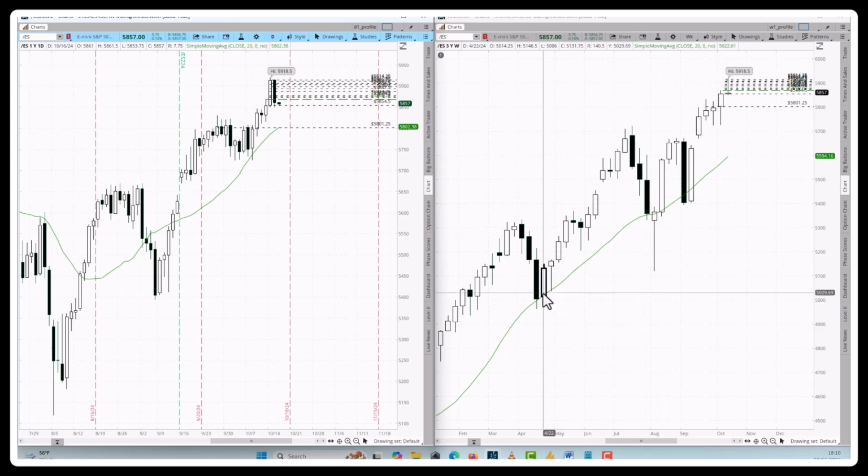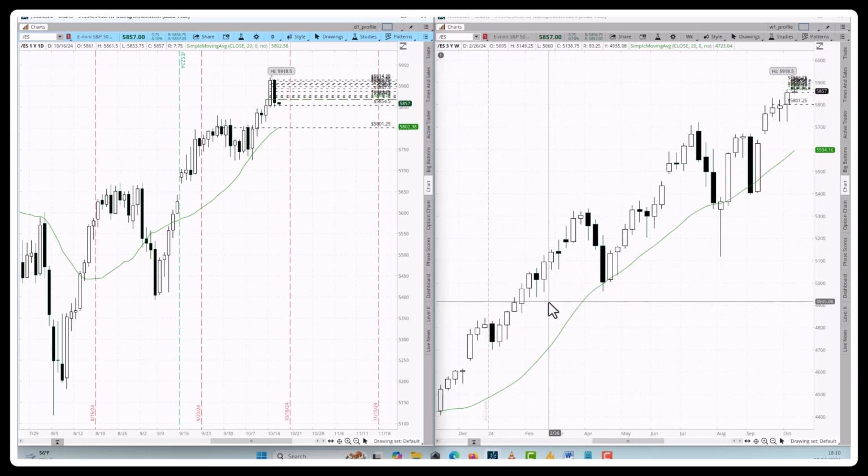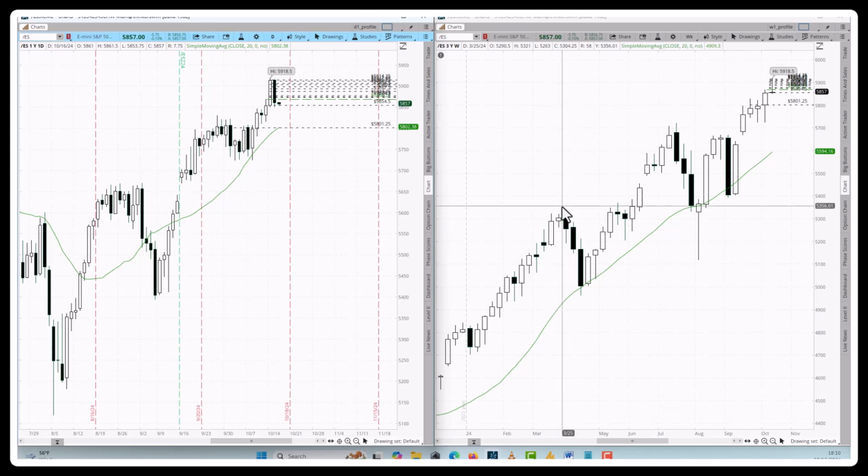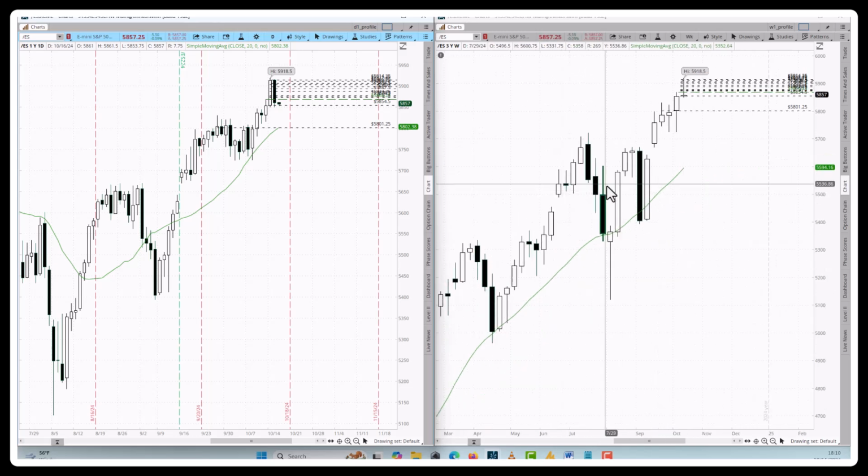Right here you have the same: retracement, expansion, retracement, expansion, retracement, and then expansion. So when the price comes out of retracement, it's going to be expansion, right? And after expansion right here, it can reverse right here.